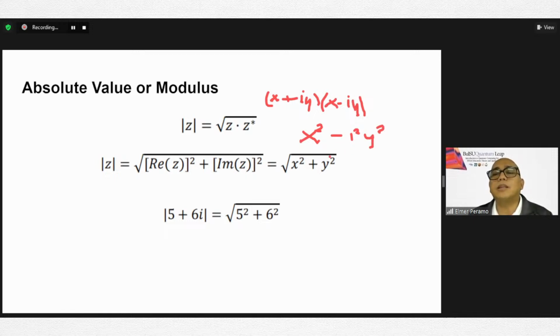But your i squared is equal to -1, so -1 times y squared. It will now become x squared plus y squared. So that's the relationship between the absolute value and the complex conjugate. Basically, when you get the absolute value, it's the same as multiplying your complex number with its conjugate and getting the square root.